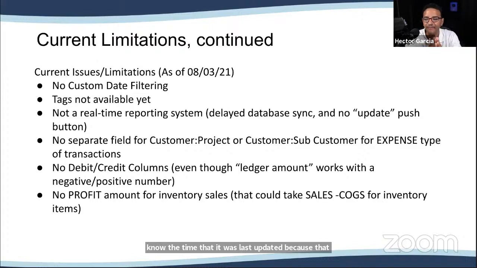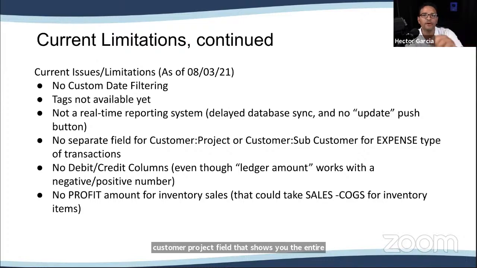Other thing, and this might be minor, but to me it's important for construction companies. I want to see a field for the customer name and a field for the project as two separate fields. That way, when I pivot them, I can pivot them cleanly, right? So I can group it by customer and then sort it by project. Right now, there is a customer project field that shows you the entire path.